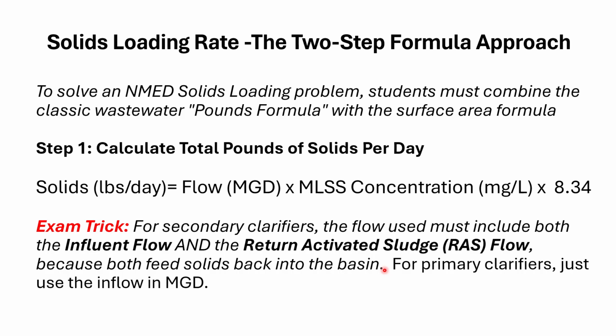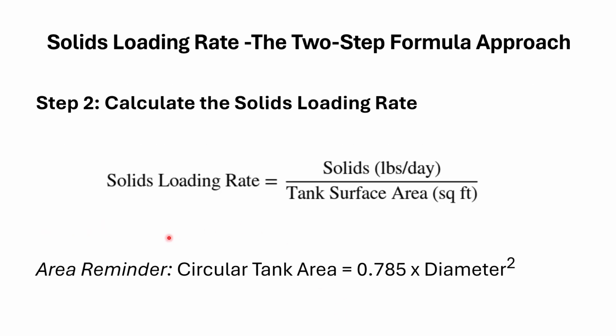That return activated sludge, we're pulling that sludge off the bottom of the blanket and recirculating it and introducing it back in the influent area of the clarifier, okay? That's the RAS. So we've got to account for the influent coming in plus that RAS, okay? Now for a primary clarifier, you're just interested in the influent coming in because you've got no recirculated flow in a primary clarifier.